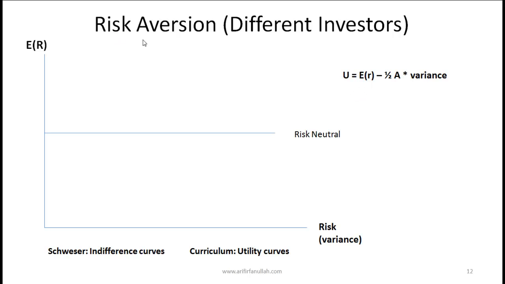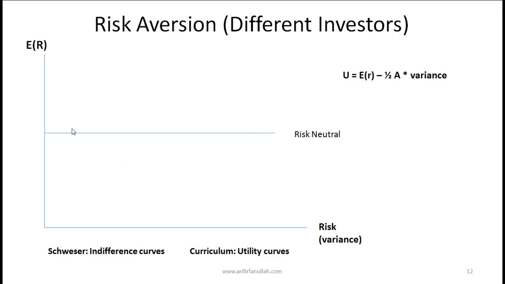So risk aversion for different types of investors. Now just to illustrate the point, let's say that we have an investor who is risk neutral. What does that mean? That means that, and this is just a theoretical point, a risk neutral investor is one who does not mind taking risk.